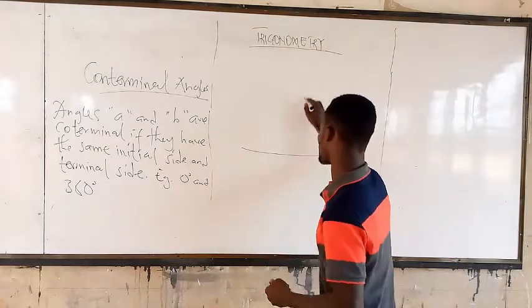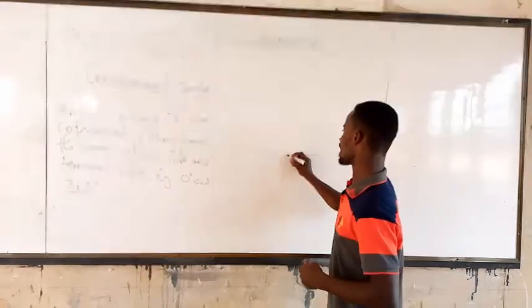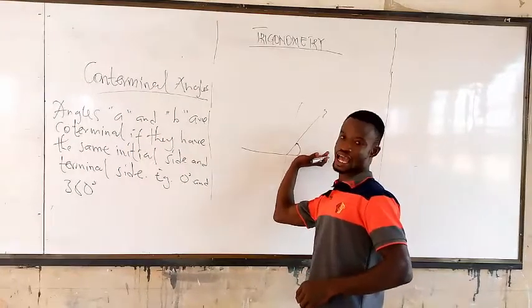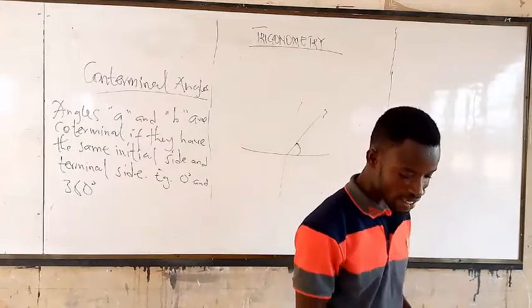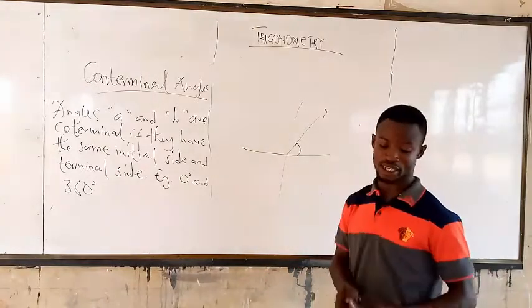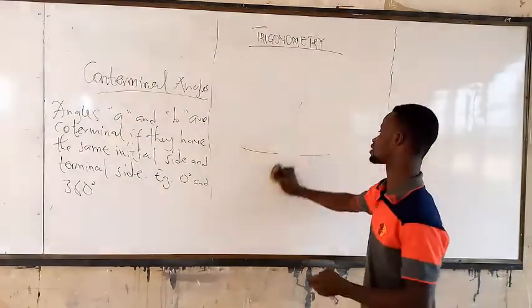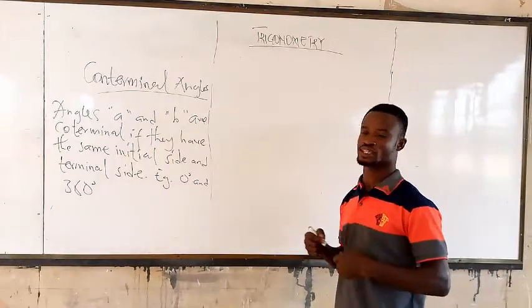You know what we mean by initial and terminal. Like if we have this angle here, the initial starts from here and this is the terminal. So we are saying that if they have the same initial and terminal side, that means that they are coterminal. So looking at an example like 0 degrees and 360 degrees.